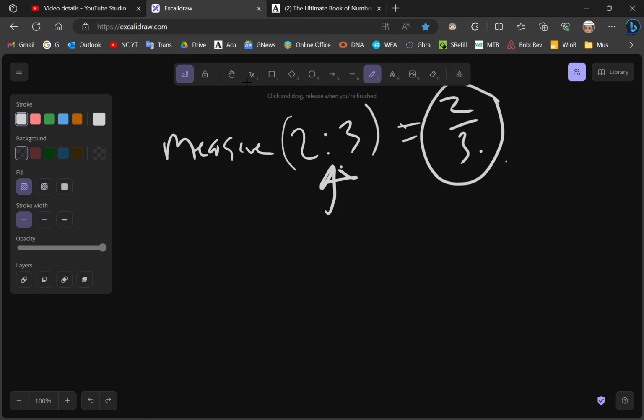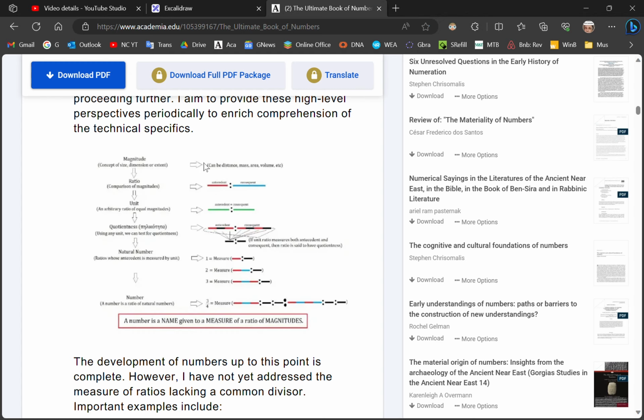Well, in this case, because we're talking about a fraction, it's a ratio of numbers, right? Otherwise, it's a ratio of magnitudes. And if it can't be measured, then it means that you have what is commonly and incorrectly known in the mainstream as an irrational number. It's not a number at all, because if it were a number, then this measure would be possible. Okay, so that's the entire theory behind numbers.